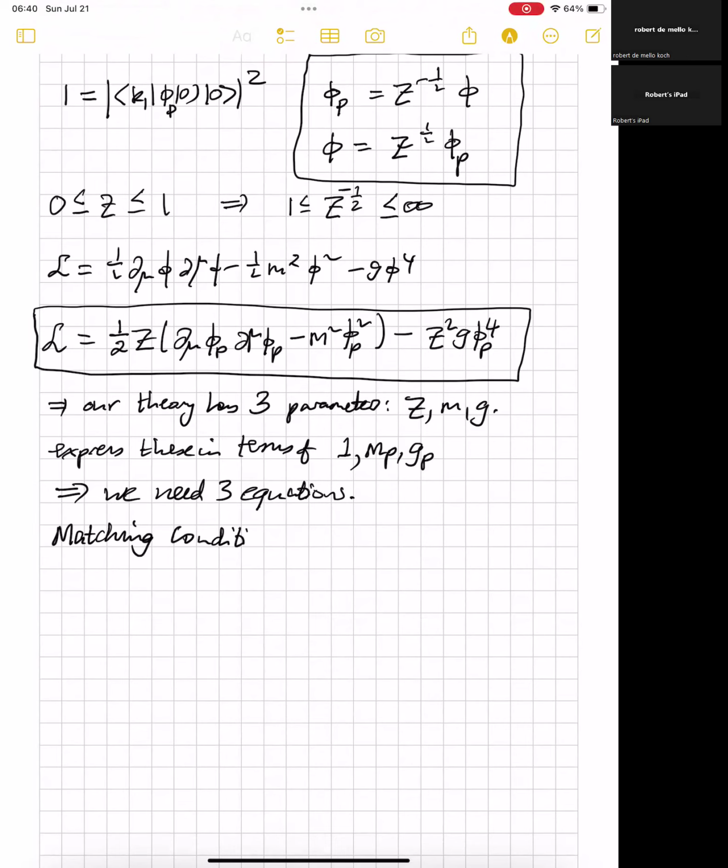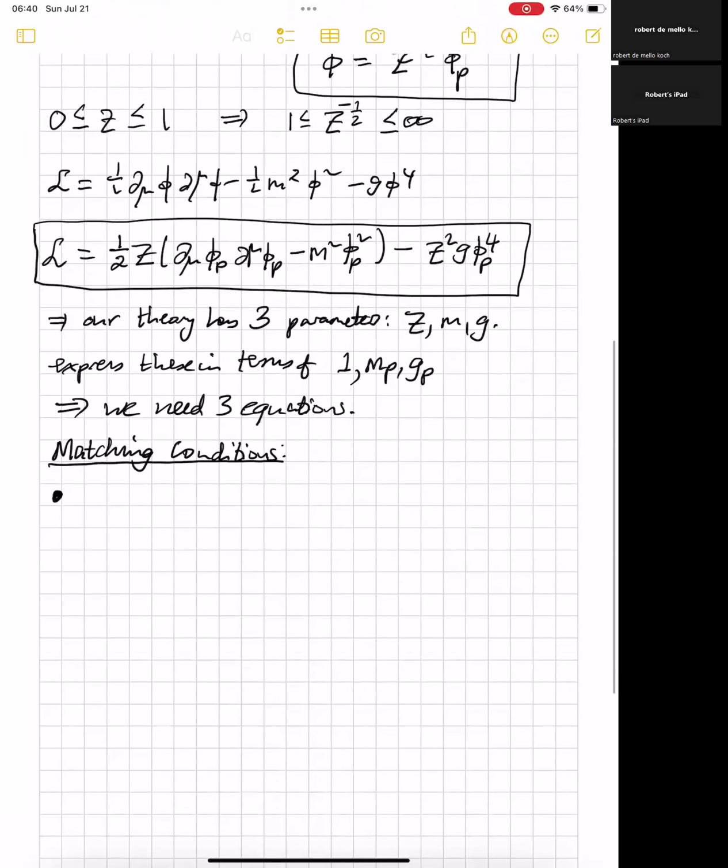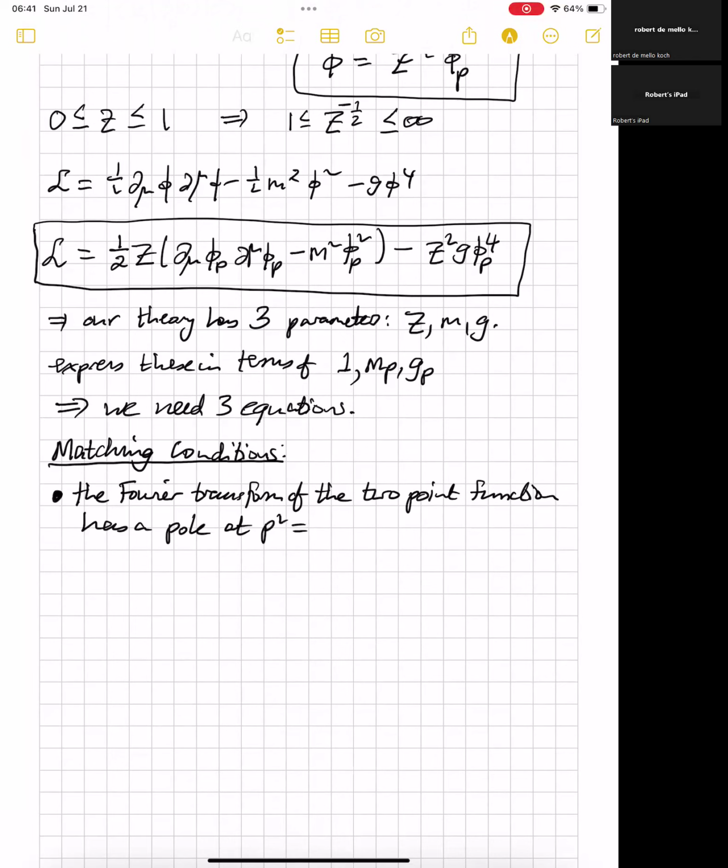So what are the matching conditions? Well, we know 2 of them. So let's write those 2 down, and we'll come back and complete these matching conditions a bit later. So the first condition is the Fourier transform of the 2-point function has a pole at p squared equal to m P squared, the physical mass squared.